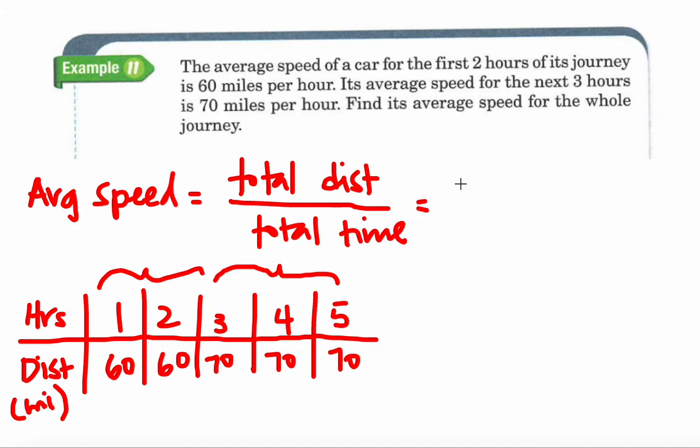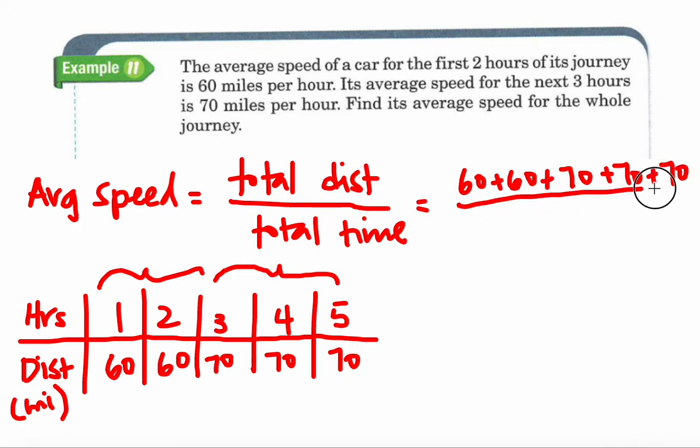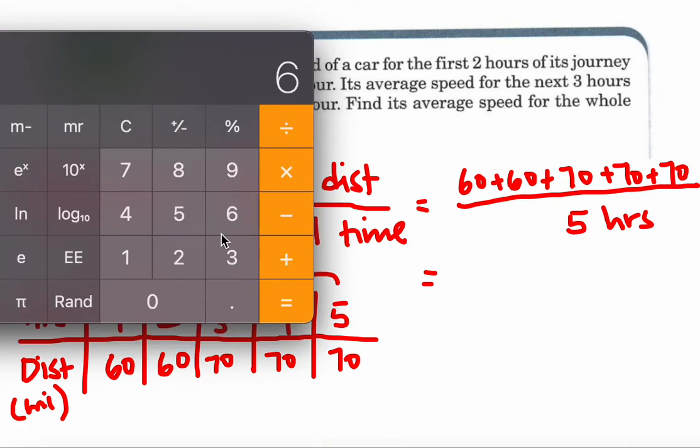Okay, so the total distance would be 60 plus 60 plus 70 plus 70 plus 70. Those are all miles. Divided by the time. Well, the time was 5 hours. Okay? So let's see. 60 plus 60 is 120 for the first 2 hours, plus 70 plus 70 plus 70.